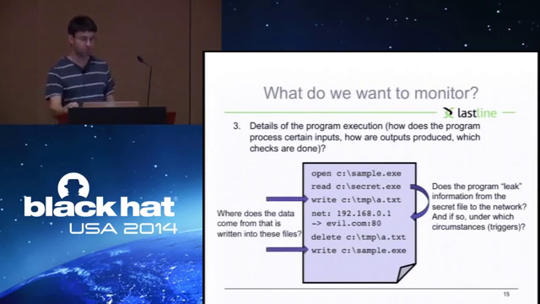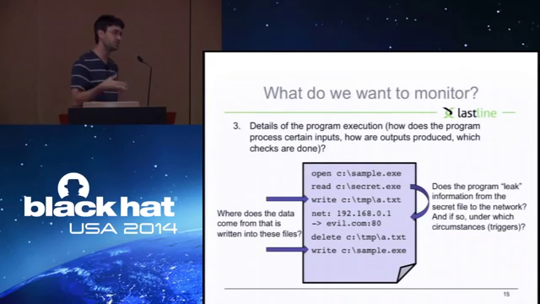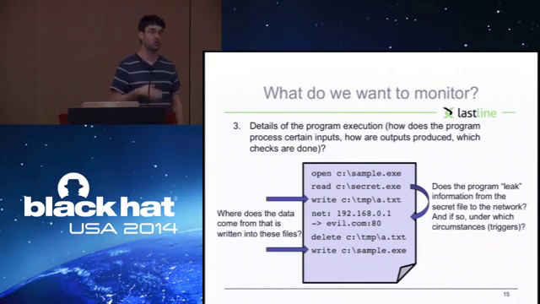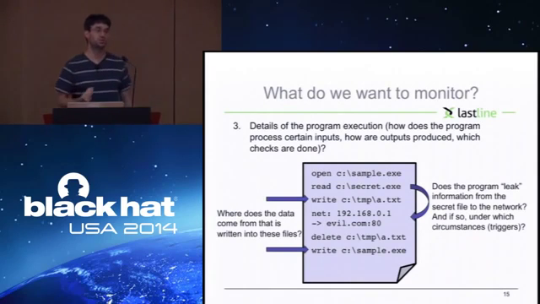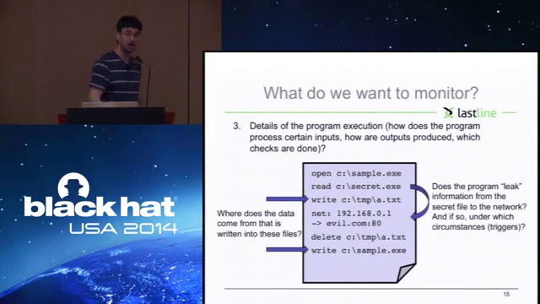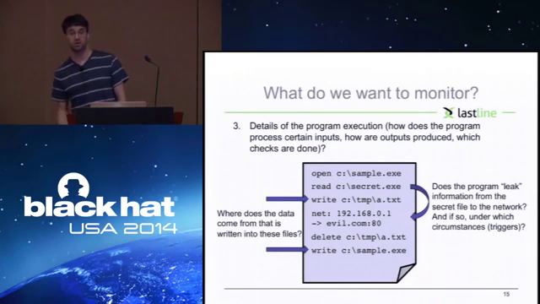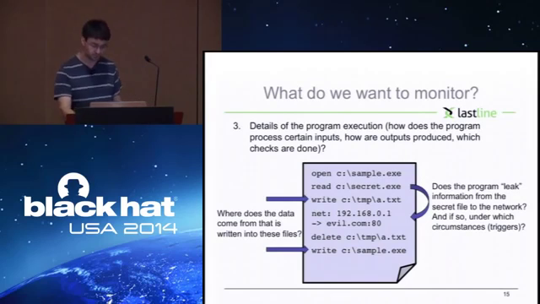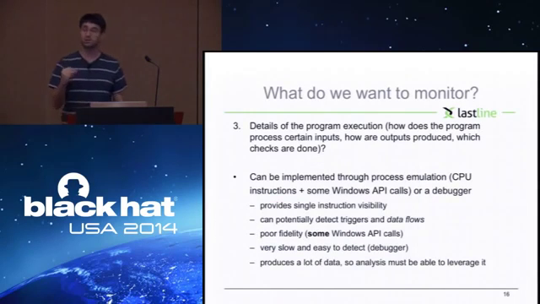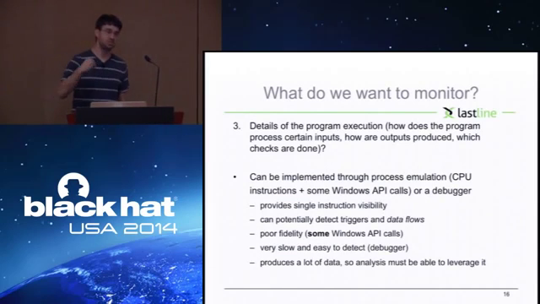Or, for these write operations, where does the data that is written to this file actually come from? Is it previously downloaded in the form of a download and execute, or is it information that was statically embedded in the binary? So a lot of extra information is lost when you just look at the operating system interface.